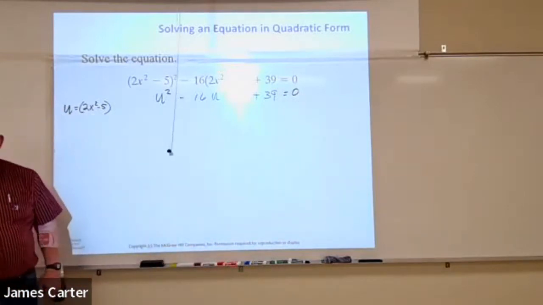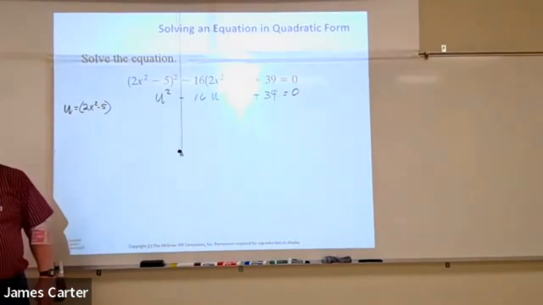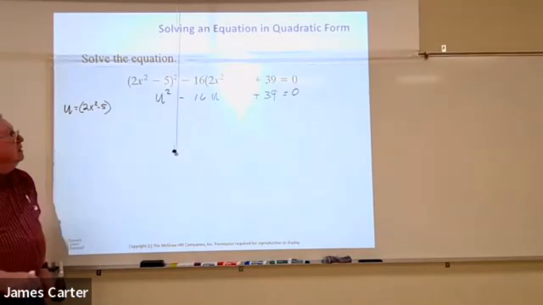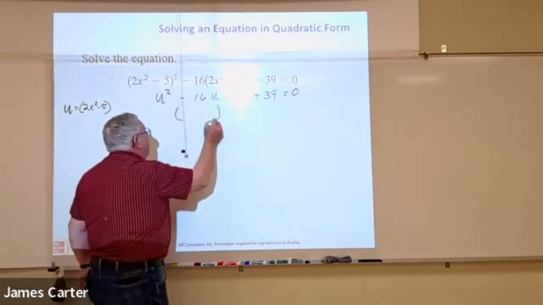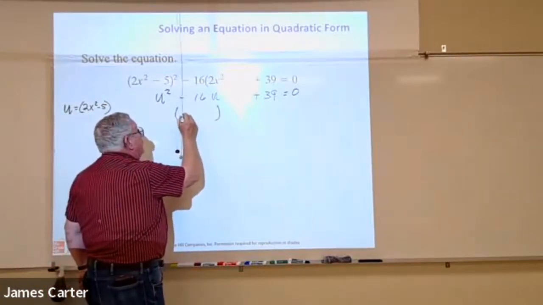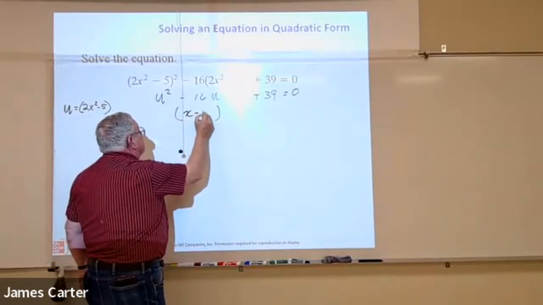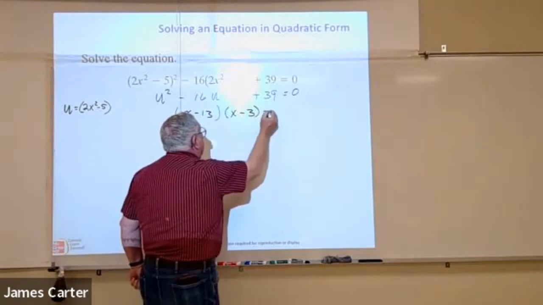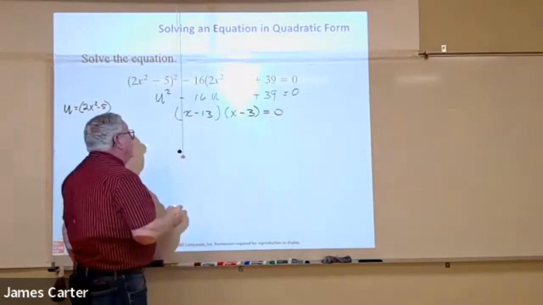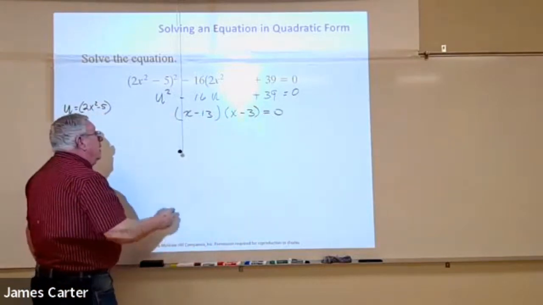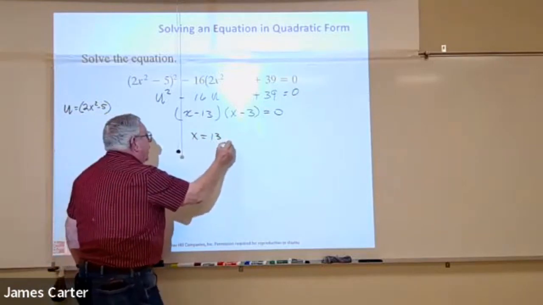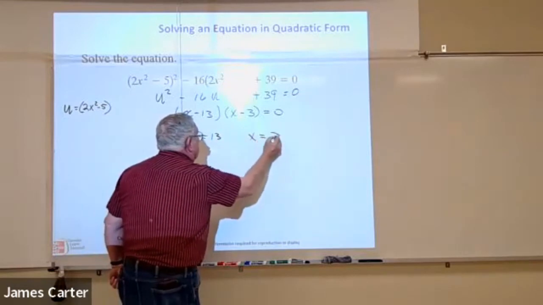Right? 39 is 13 times 3. Okay. So this thing can factor into x minus 13, x minus 3 equals 0. Okay. And then you would get x equals 13 and x equals 3.